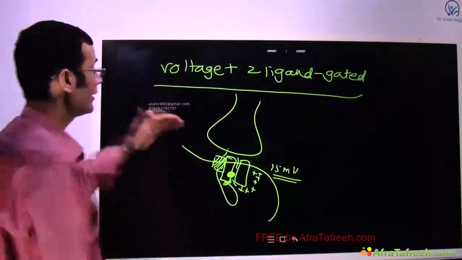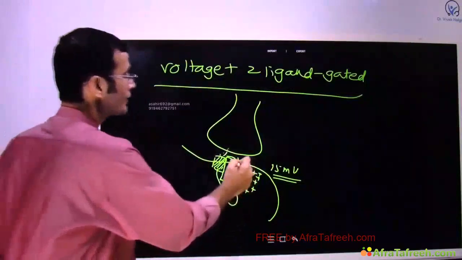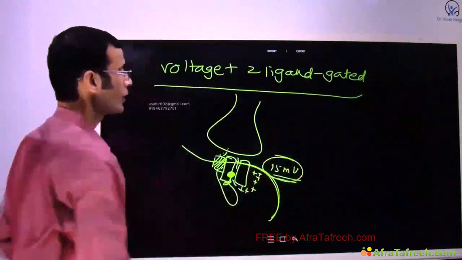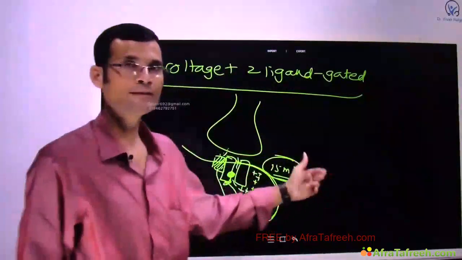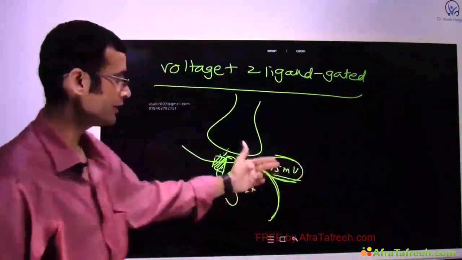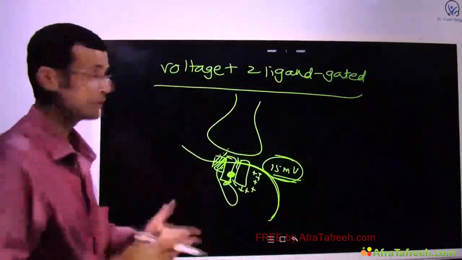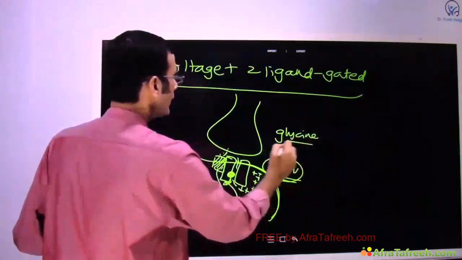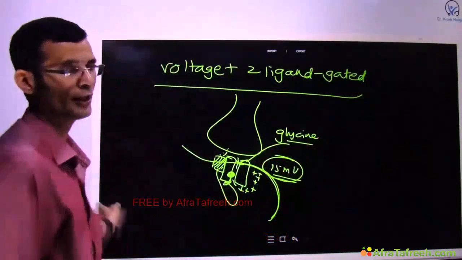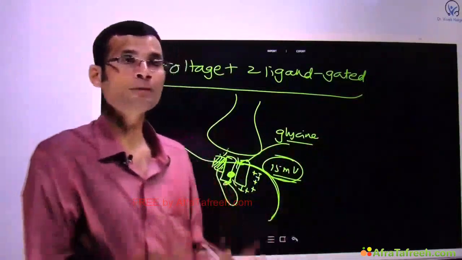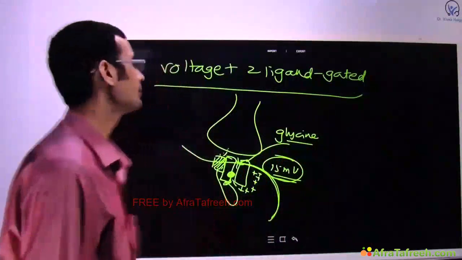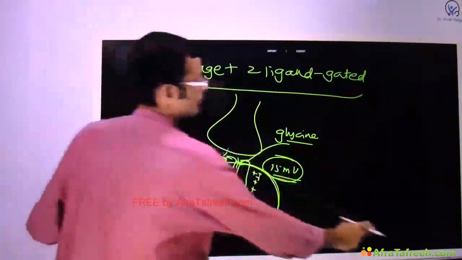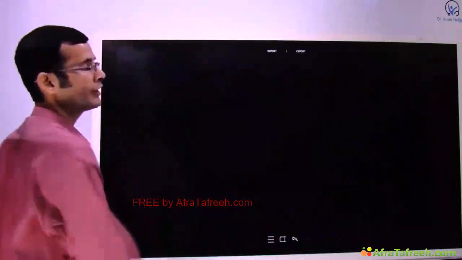So it is ligand gated as well as voltage gated. Voltage change is needed to open the gate. Plus there is some action of glycine needed to remove this block on the channel. Therefore, it is a voltage plus 2 ligand gated channel. Unique in that sense. This is a very unique type of a channel.